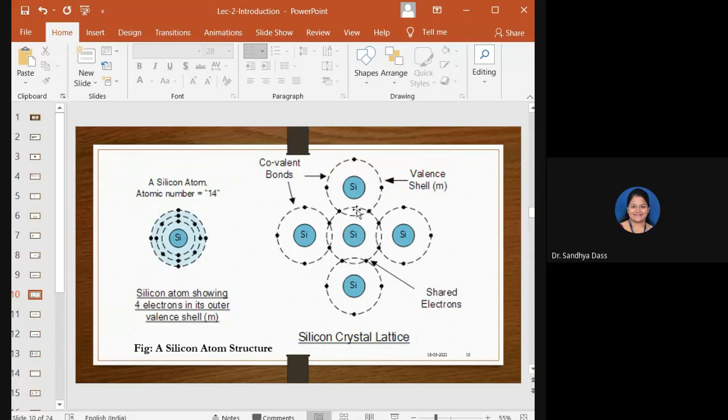So we have to create a situation where there are different poles, say positive or negative poles, within the silicon material, by adding impurities, so that there will be more free electrons or more holes, so that there is a flow of current.